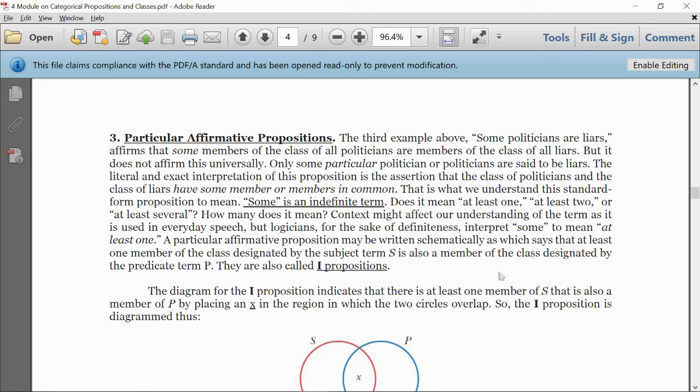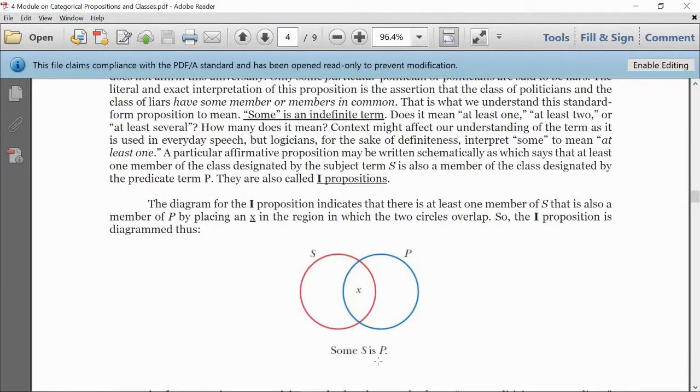So in other words, this is how it looks when you say some S is P. To indicate that not all members of S are members of the class P, but to indicate that at least one of them, one of the class of S, is included in the class of P.